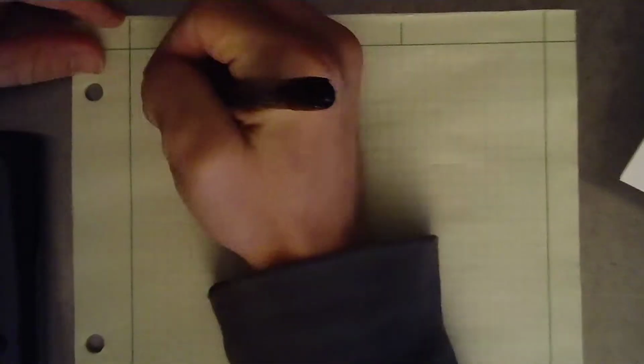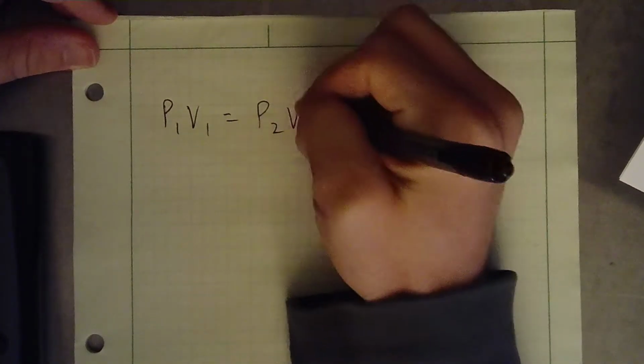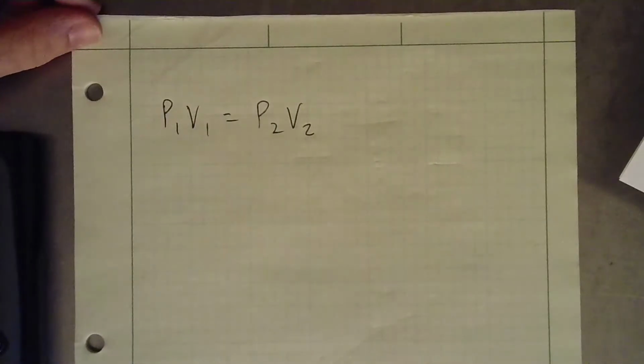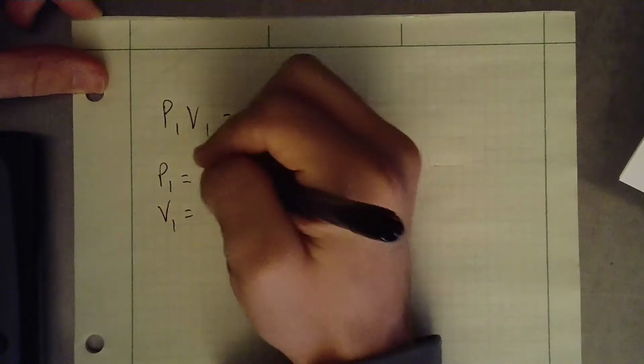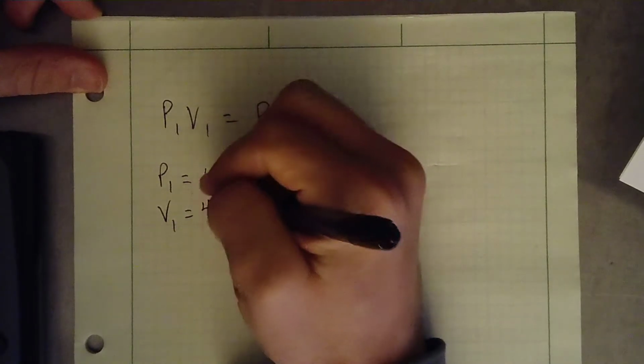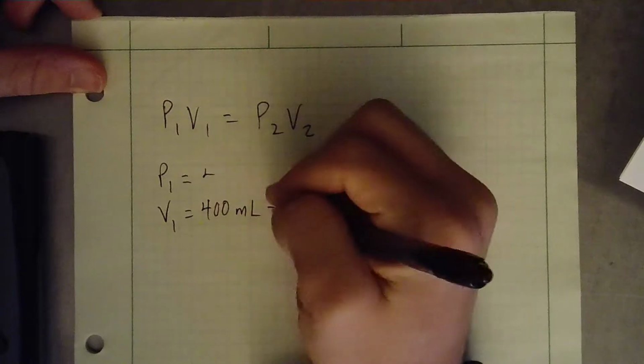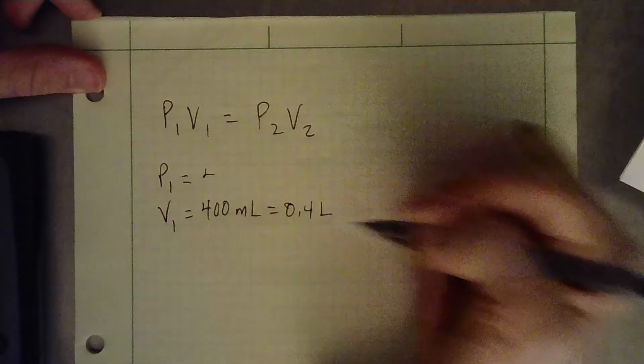All right, so let's set that up then. P1 V1 is equal to P2 V2. My initial conditions were a volume of 400 milliliters. Let's just convert that to 0.4 liters, okay?